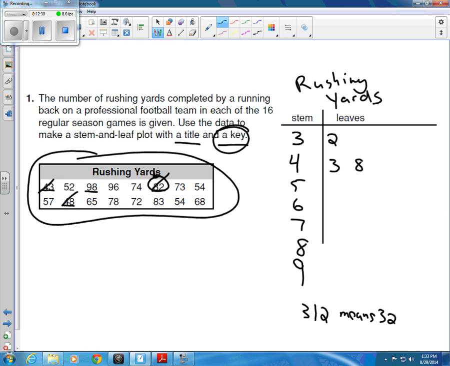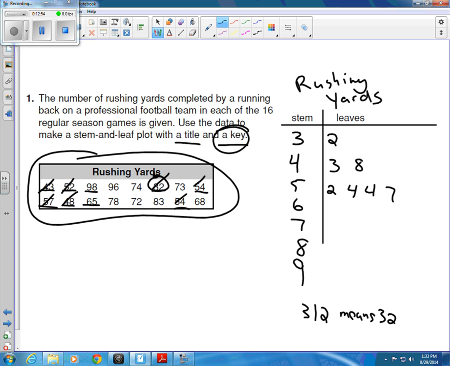5s. Looks like I have 52, 57, 54, 54. Again, I'm going to go from smallest to biggest. So my smallest leaf was 2, then I had a 4, then I had a 4, then I had a 7. Again, cross those out. I have taken care of my stem of 5. Next, stem 6.